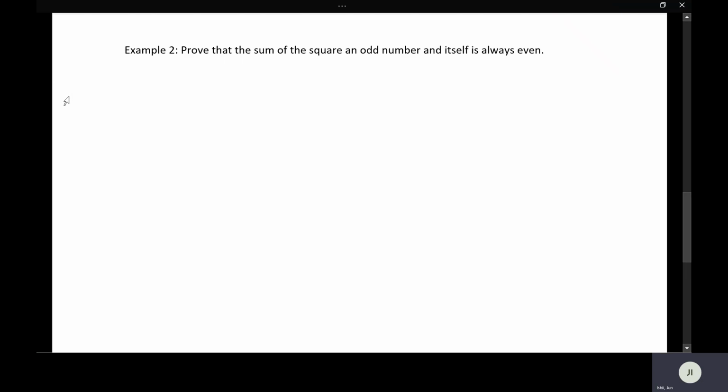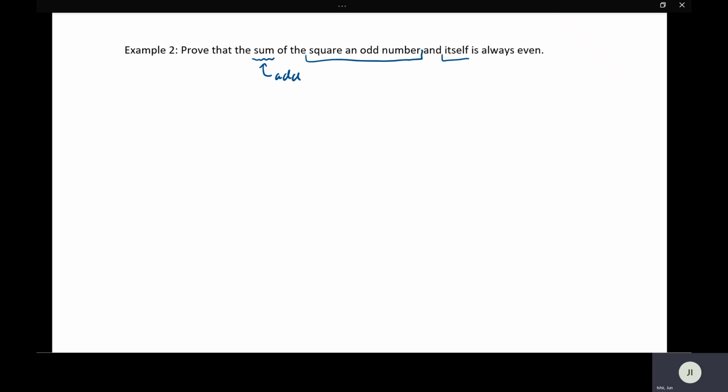First thing we want to do is prove that a sum, which is when you add, of the square of an odd number. This is one of the items that we're going to add. We're going to add it to itself, and it is always even. This is the conclusion.